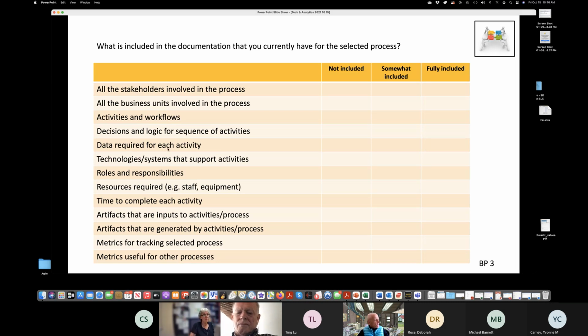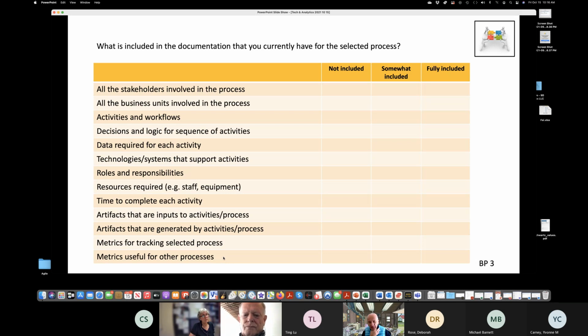Data required for each activity, technologies and systems that support these different activities, roles and responsibilities, resources that are required like staff, equipment, time it takes to complete each activity, artifacts that are inputs and that are generated, metrics, how you're going to measure this process, and metrics that may be impacted because of this process.